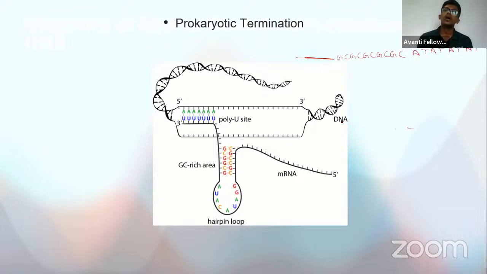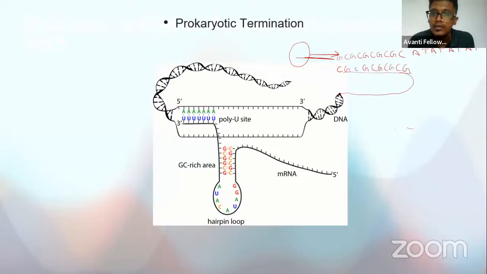Got it, no? Now, what will happen? You have your RNA polymerase, and the RNA polymerase is coming to transcribe. So, what will be your RNA sequence here? CG, CG, CG, CG, CG. Since there is a lot of CG, this particular RNA will start folding upon itself.